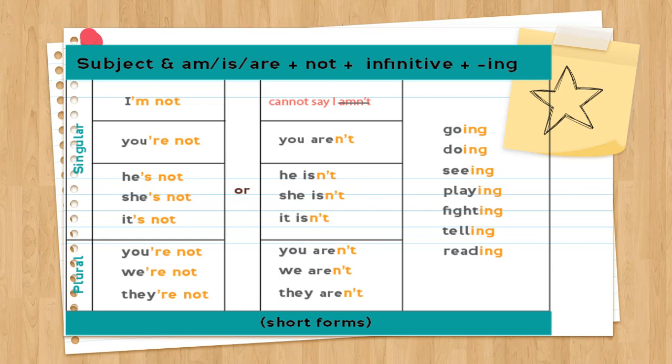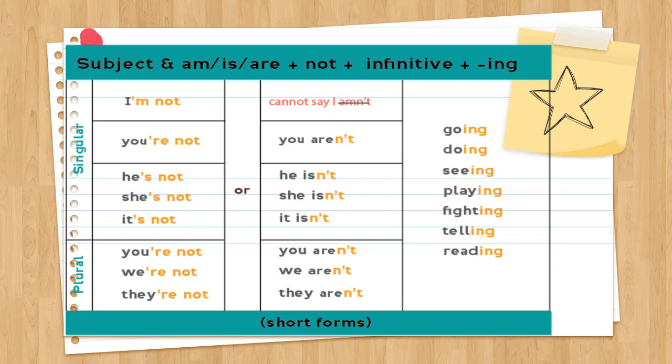You can only contract this form as I'm not. You cannot say I am't. It doesn't exist in English, so never use this form. It is incorrect.